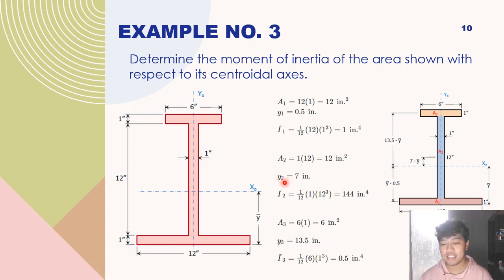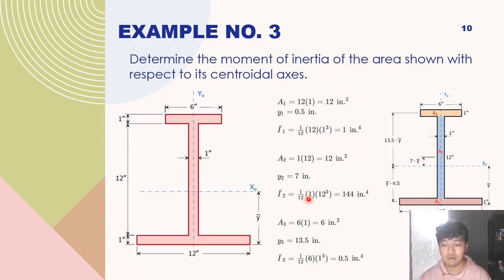So that is our distance, and then we have our moment of inertia. What we're doing here, as you can see, is still using bh cubed over 12. That is with respect to the centroid of your shape, so we are using the centroid of area 2.